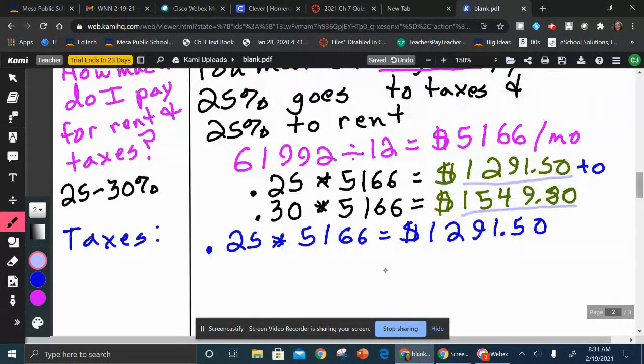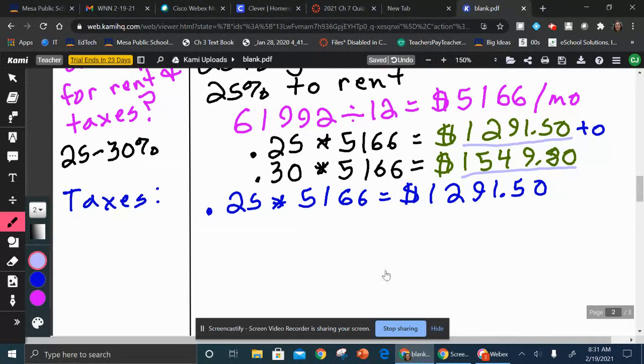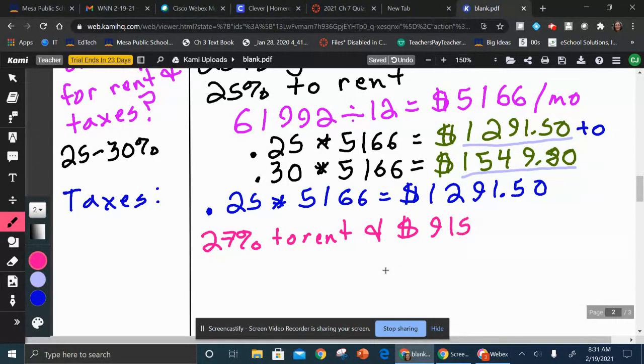Okay, so what if you're paying 25% to rent, and you're paying $950 in rent per month?